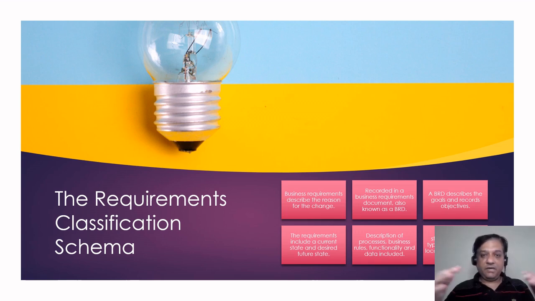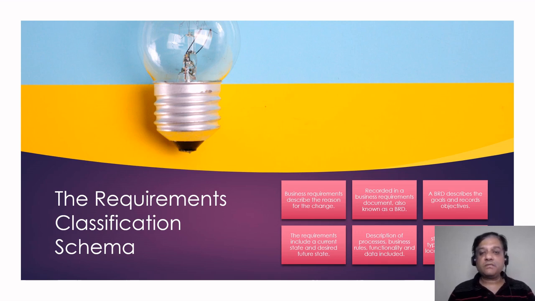The stakeholder requirements describe the need that must be met. They bridge the solution and the business requirements and provide specific information about the solution to be delivered. For example, a requirement might read: the customer account record shall include account number, customer name, customer billing address, customer shipping address, phone number, and website URL.